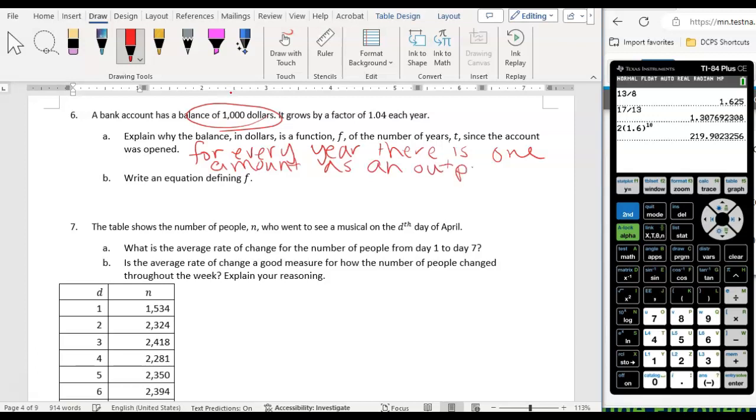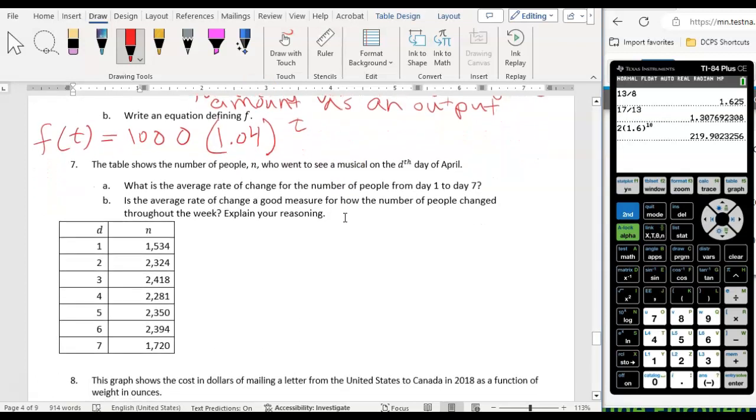So for every input, there is only one possible output. We can't say, oh, after 10 years, there's $1,100 and $2,000, right? There would be one single amount. And then if we write our equation, our starting amount is $1,000 times 1.04, which is our factor, to the power of time. And if we want to write that fully in function notation, we can include f of t.